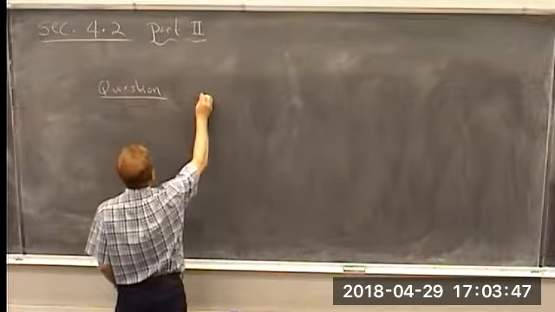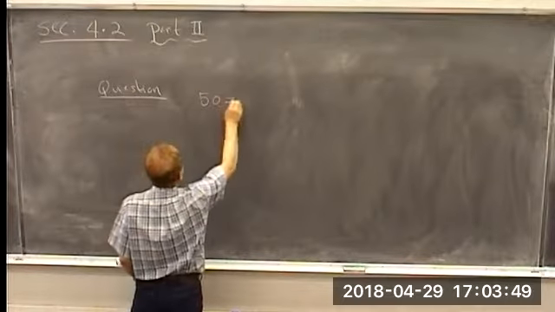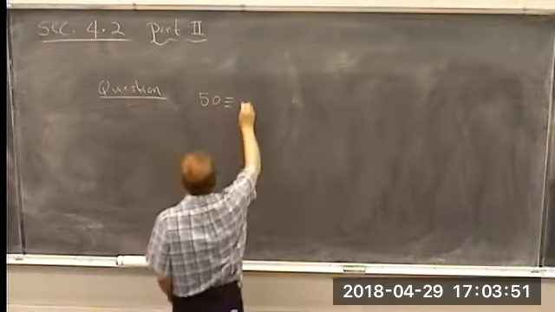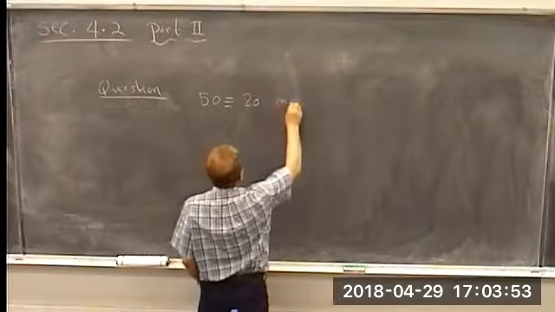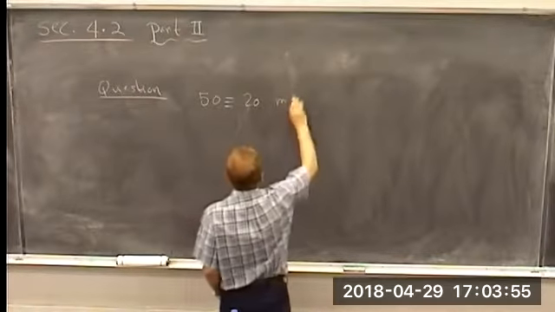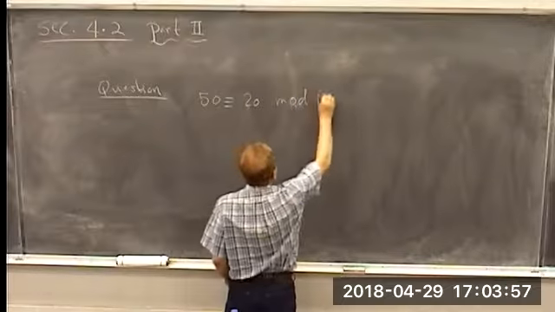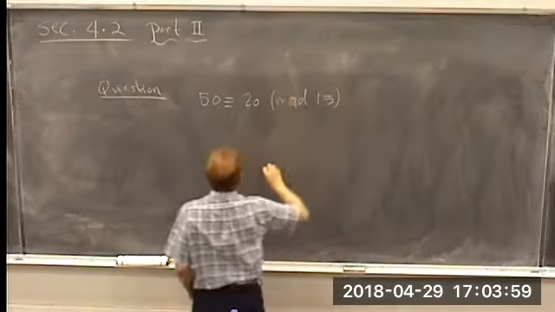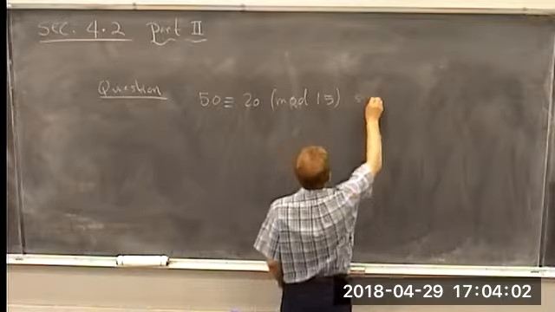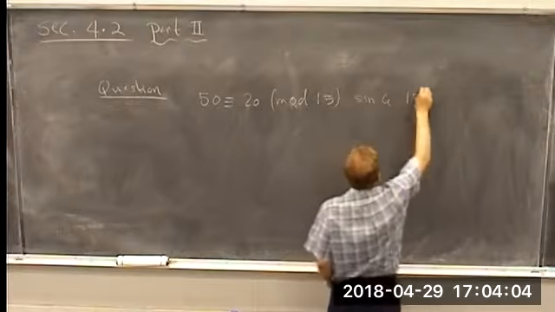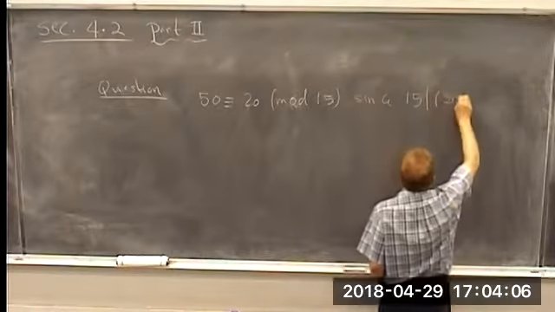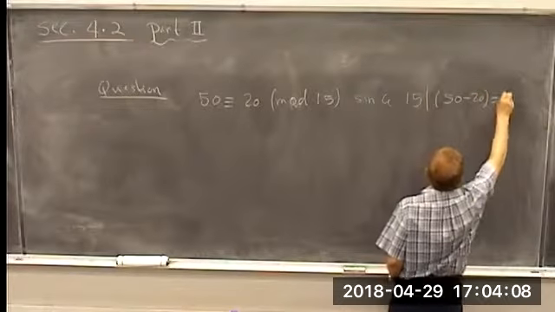We know that 50 is congruent to 20 mod 15, since 15 divides the difference, which is equal to 30.